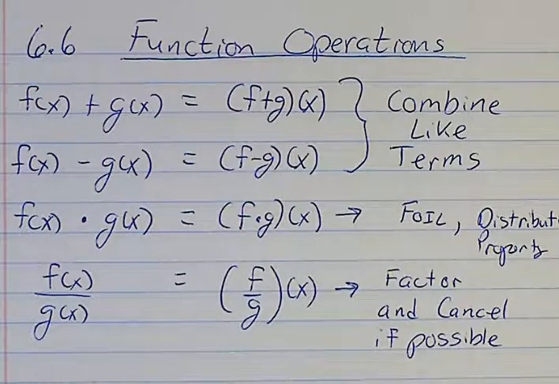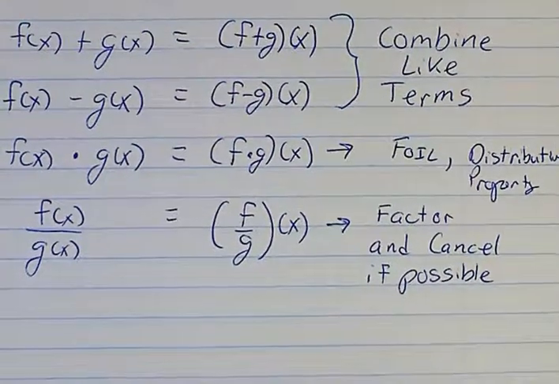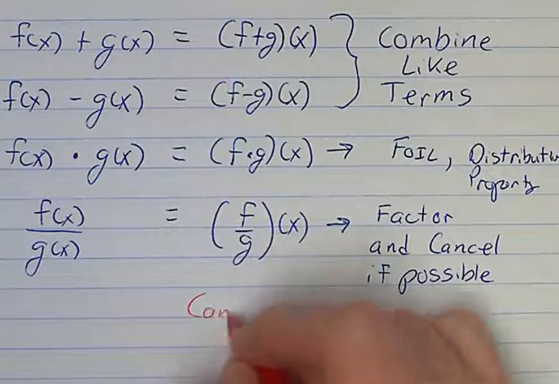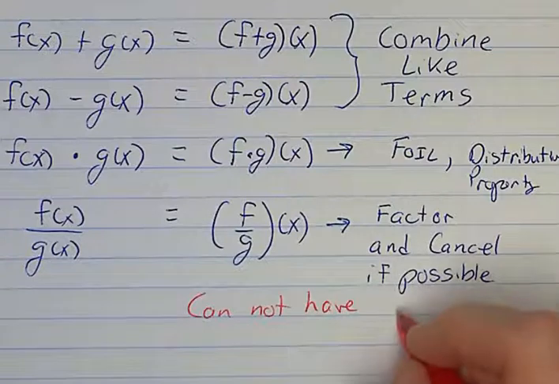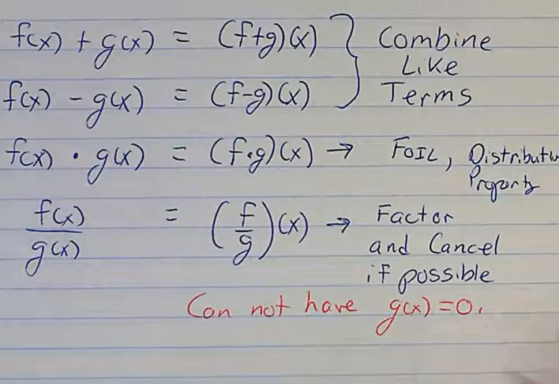The one thing to look at on this one is that when you do the division part, f divided by g, if they talk about excluded values, going back to the last couple of sections, the exclusions or the restrictions, you cannot have whatever your denominator is, in this case g of x, equal to 0. So that would be a restriction that you're looking at when you're going through these.